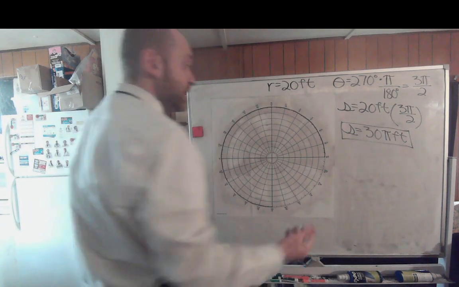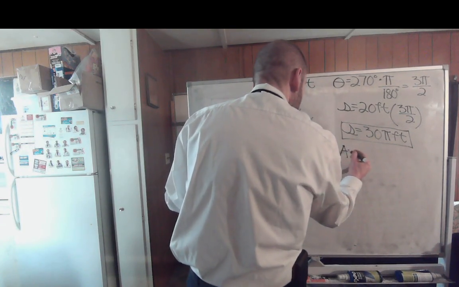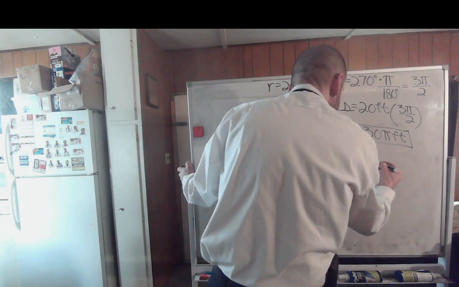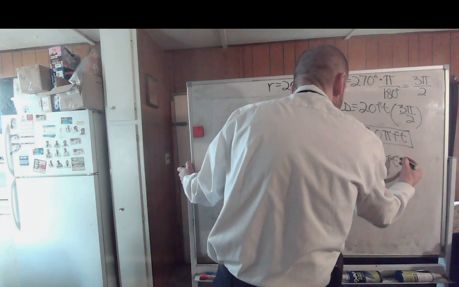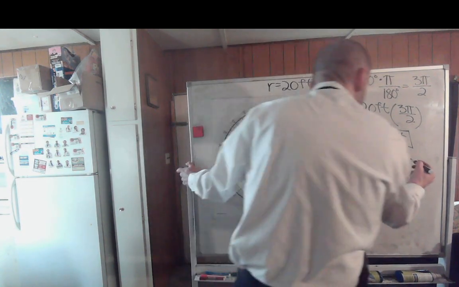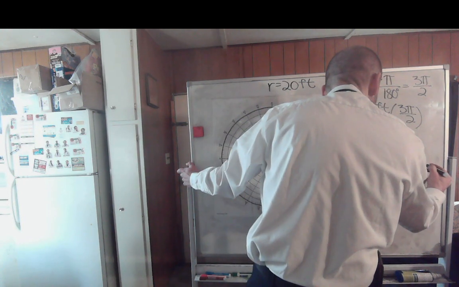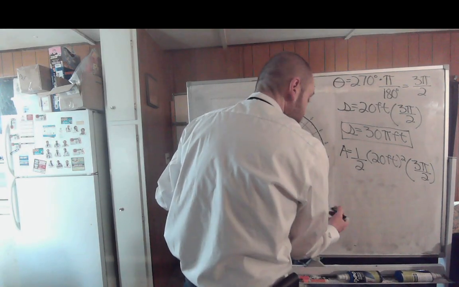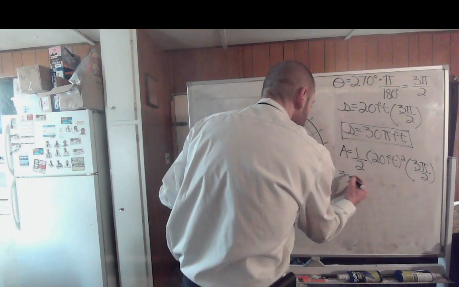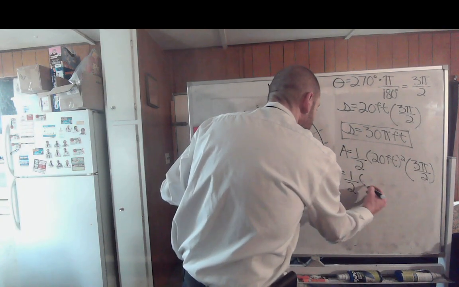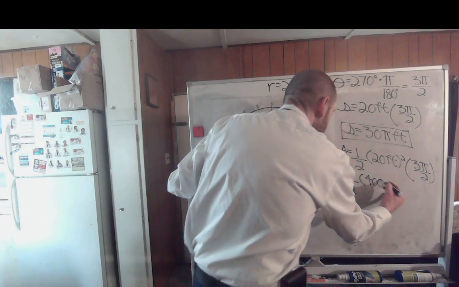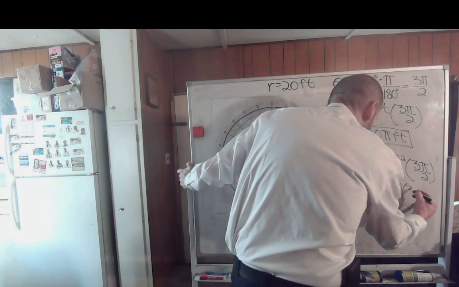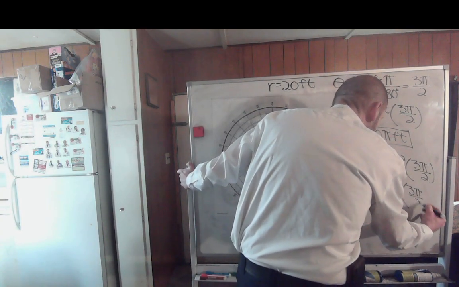Now let's see if we can find the area. So the area would equal 1/2 of that radius of 20 feet raised to the second power times my theta of 3 pi over 2. Alright, well 20 squared is 400, so this would be equal to half of 400 square feet times 3 pi over 2.